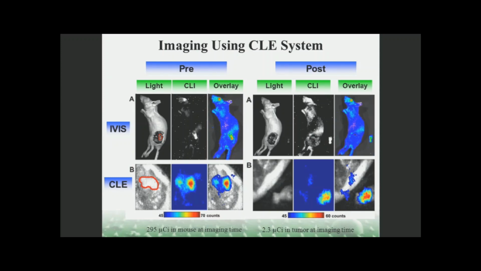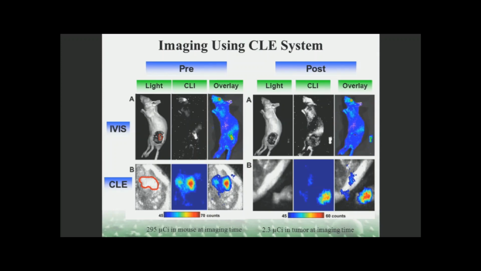And we put the mouse inside the conventional IFIS system, and you can see the tumor residue will light up. After we see this signal, we remove the tumor tissue completely, and then put the mouse back into the IFIS system again. You can see here, you don't see any signal from this region. Here, this is the tumor.